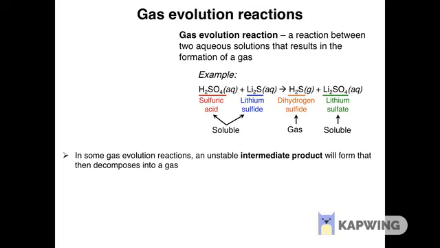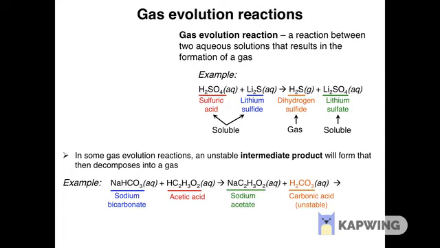An example of such a reaction that proceeds in two steps is the reaction between sodium bicarbonate, NaHCO3, more commonly known as baking soda, and acetic acid, HC2H3O2, a major component of vinegar.